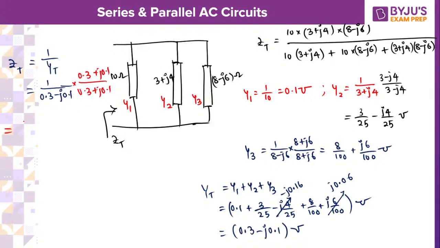So 0.3 square plus 0.1 square, I am getting around 0.1. So it will be 0.3 divided by 0.1 plus j0.1 divided by 0.1. So you are going to get 3 plus j1.